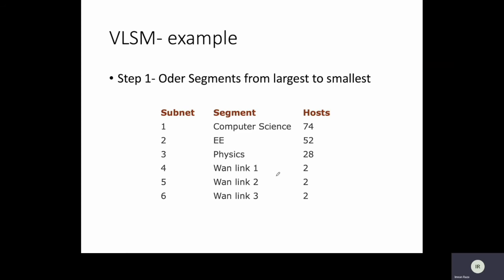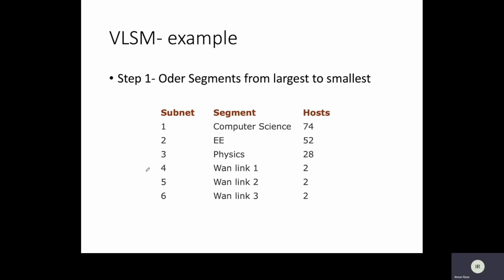Then I have a WAN link to complete this topology, where I need 2 addresses. Then there is a subnet for WAN link 2, where I again need 2 addresses for 2 router interfaces. Then WAN link 3, where again I need 2 addresses for 2 router interfaces.